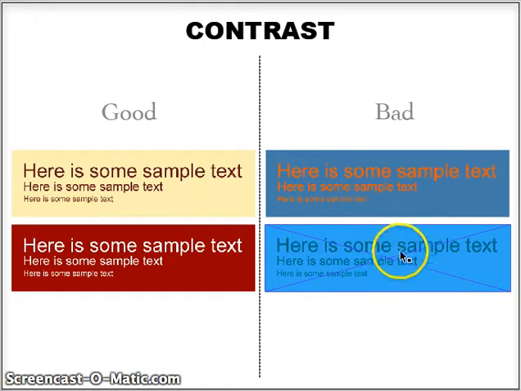And with the colors being just so similar, it also makes it hard to read, and it's going to turn off our viewers. So keep that in mind, that contrast needs to be used in order to create readability in our sites or in our websites.